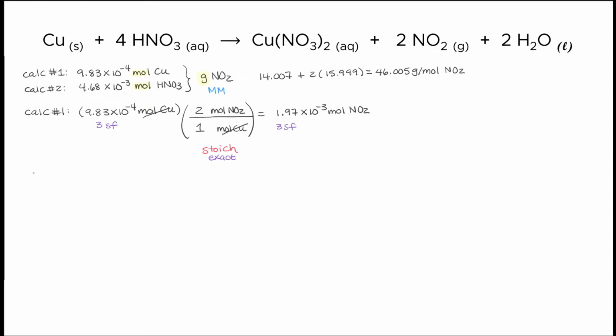For calculation number 2, we'll do the same thing starting with nitric acid. So we start with 4.68 times 10 to the negative 3 moles of nitric acid.